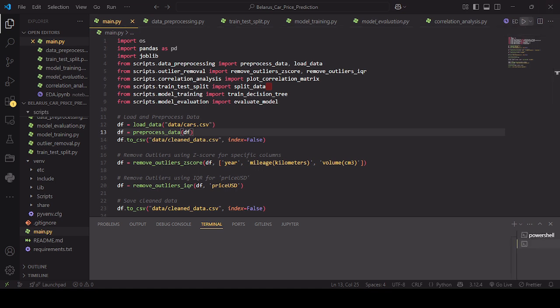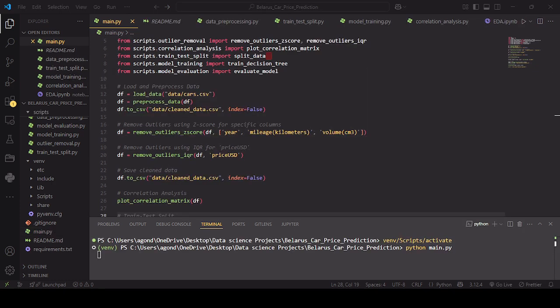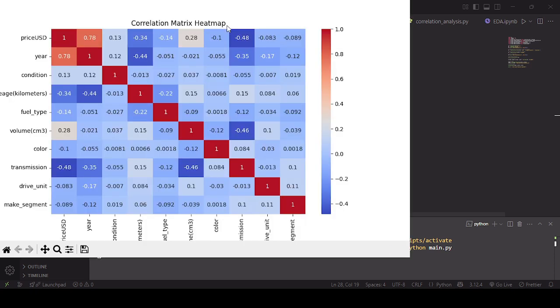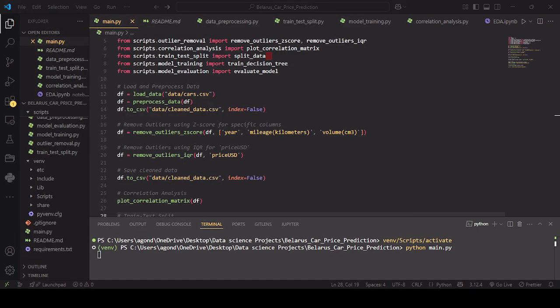Okay, so guys, we can see the output of it, as we have got the correlation matrix heat map, in which we can see the correlations of the current data set. Okay, then we will remove it.